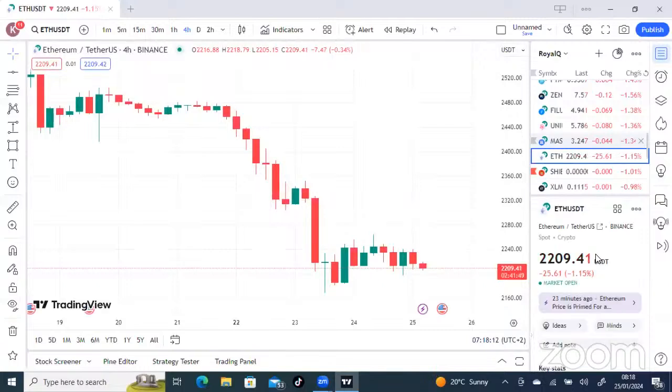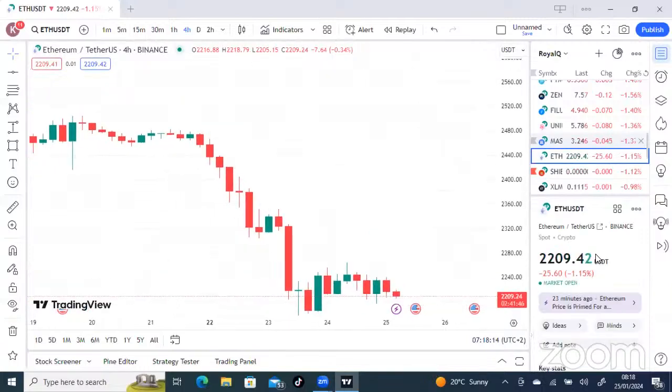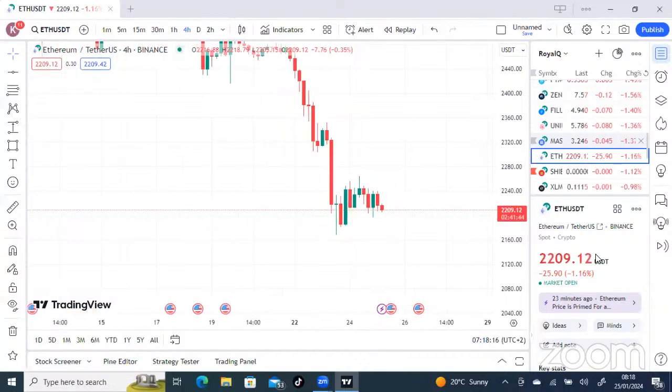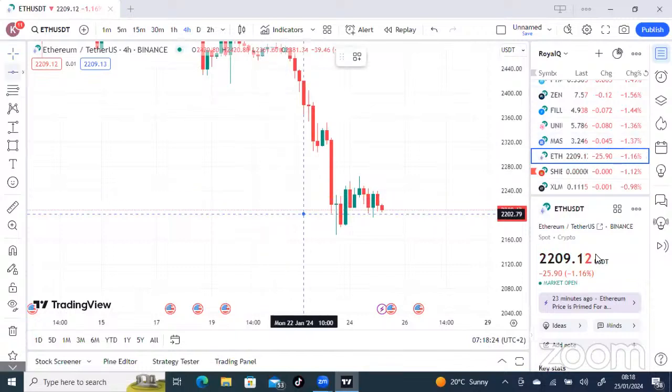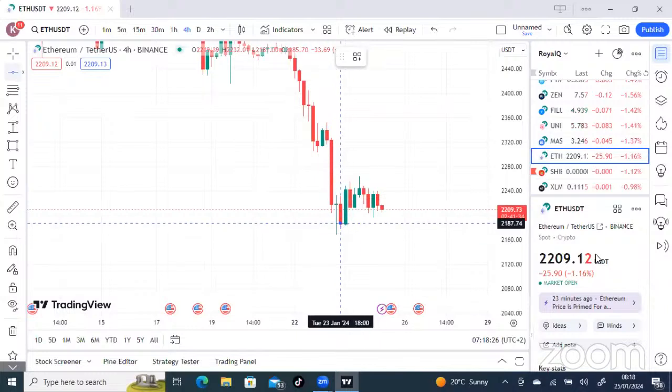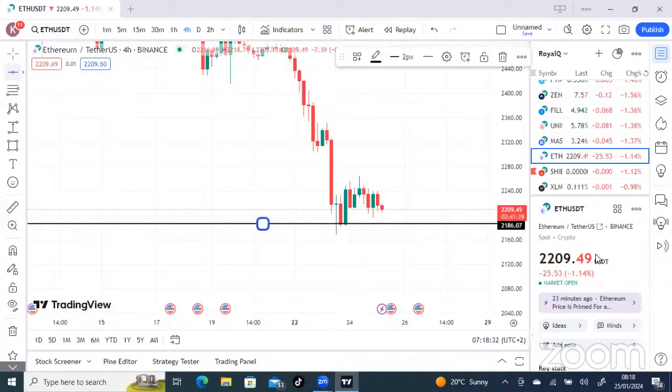For example, Ethereum. I'm going to set a preset price. I come here, I confirm Ethereum is on a downtrend. I draw my support and resistance. Then I say, when Ethereum touches this price, let my robot buy. Lower, quick.